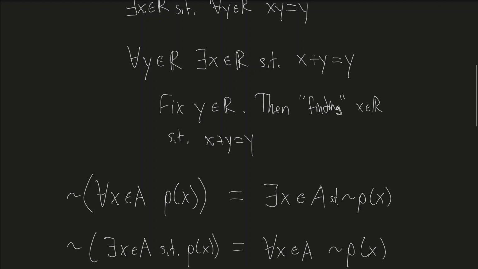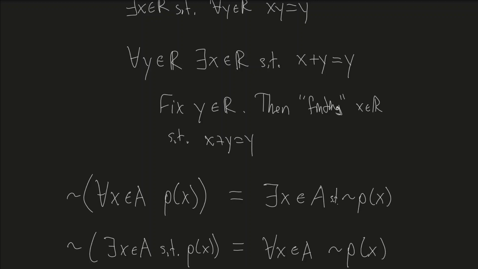Okay, hope that makes sense. And then there's a similar idea for the next one. If we consider there exists an x in A such that p of x is true, and now I want to say that as a whole that's false, that means that there cannot be an x in A where p is true. That's what we're saying, right?